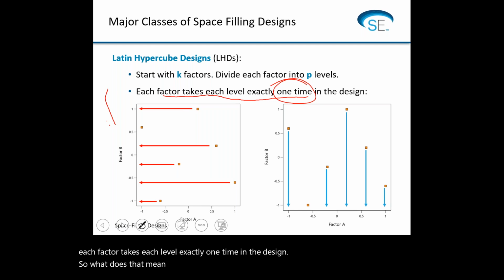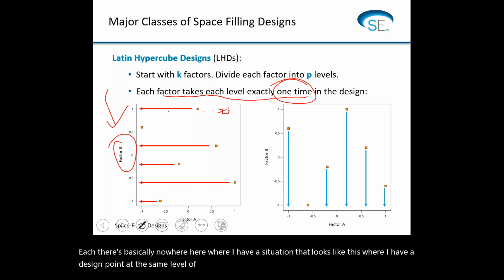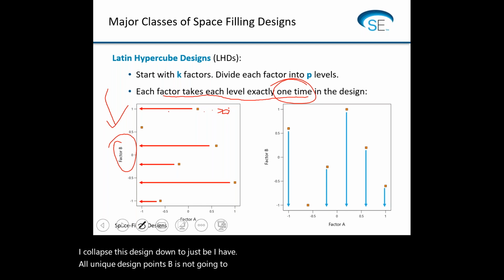If you look at this, you'll see that for factor B, there's nowhere where I have a design point at the same level of factor B. If I follow these red arrows and collapse this design down to just B, I have all unique design points. B is not going to be replicated.